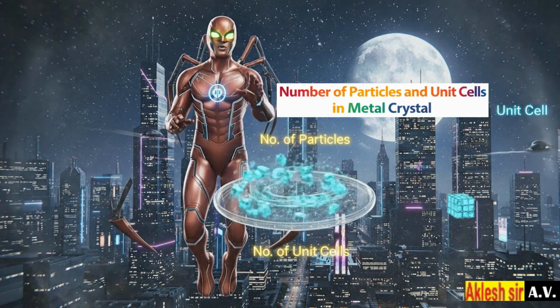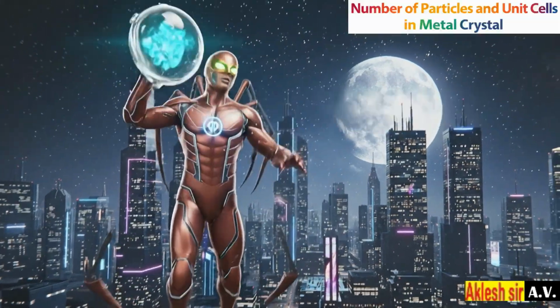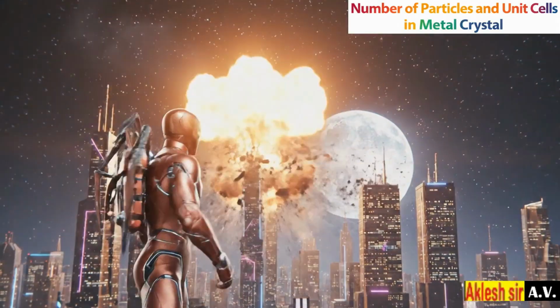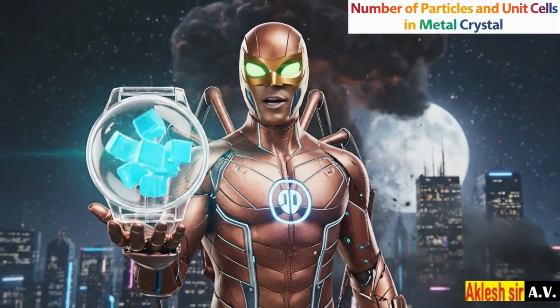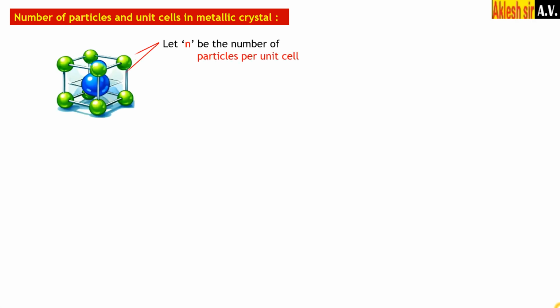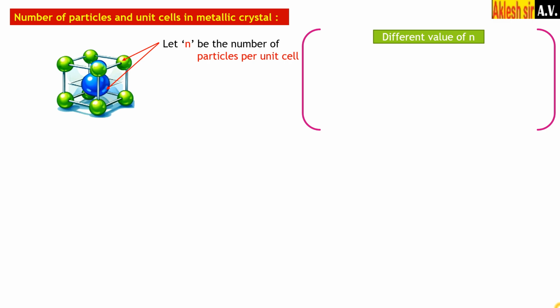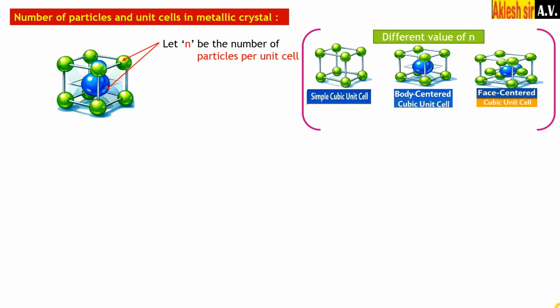Number of particles in unit cell in x gram of metallic crystal. Let's learn this concept from Aklesh sir. Number of particles in unit cells in a metallic crystal. Let n be the number of particles present in one unit cell. In the right side animation you see that different types of unit cells contain different numbers of atoms. In a simple cubic unit cell, n is equal to 1 atom per unit cell.